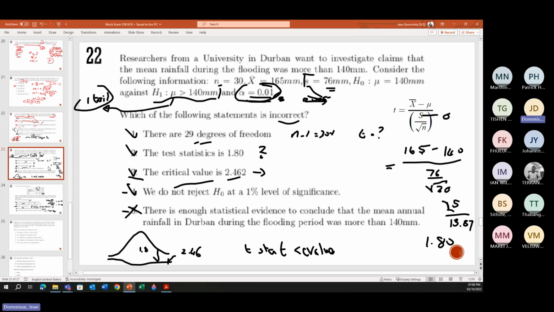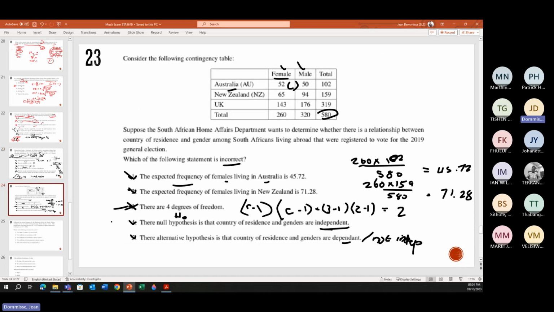If I look at the previous one, I would have looked at degrees of freedom first, then the critical value. But if both of them are correct, then I normally just look at the next one and the next one. So here, if degrees of freedom was correct, I would have gone to my next option, the hypothesis testing. If those two are correct, then I will only go to the ones where I actually need to do calculations.